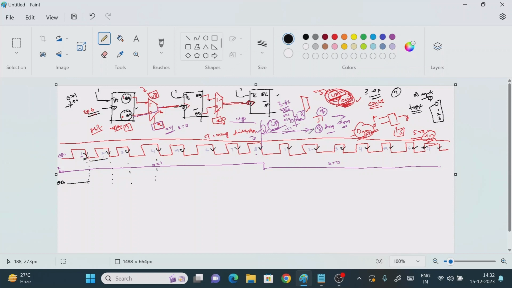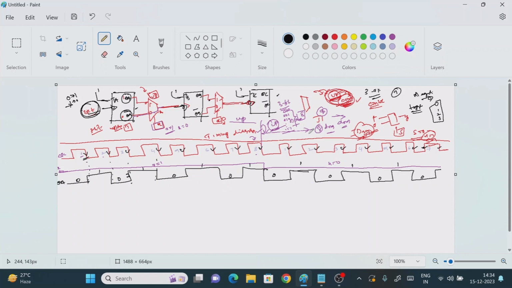After that, from here to here, the value will be 1, then 0, then 1, then 0, 1, 0, 1, 0, 1, from the starting clock pulse to the ending clock pulse. I am just writing the zeros and ones. This is the output for QA because it depends on the external clock pulse, so the value always changes from 0 to 1, 0 to 1.